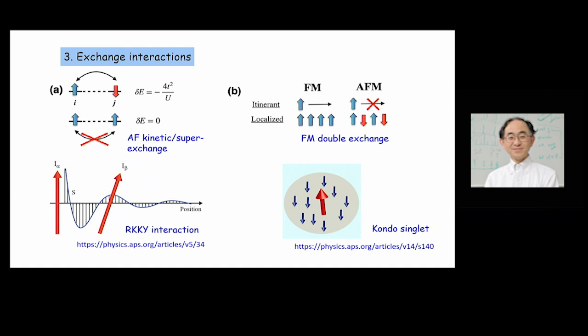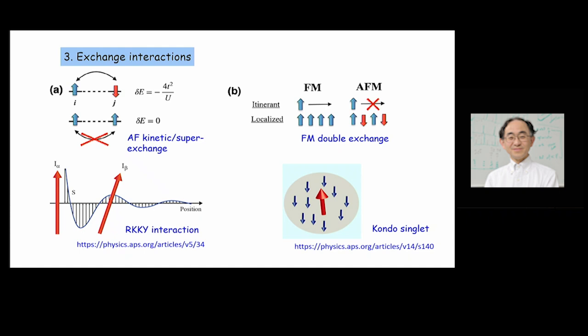So then this will oscillate with a 2kF periodicity. So then you have antiferromagnetic and ferromagnetic, oscillating as a function of the distance between the two magnetic ions. So this is the so-called RKKY interaction, which is typically most relevant to the magnetic semiconductors, right?